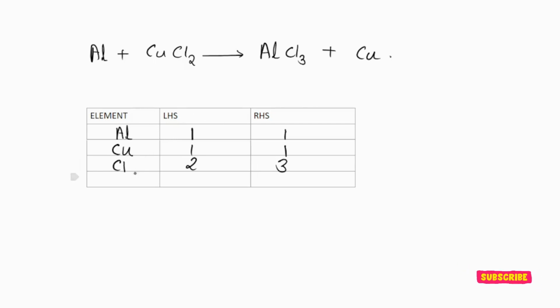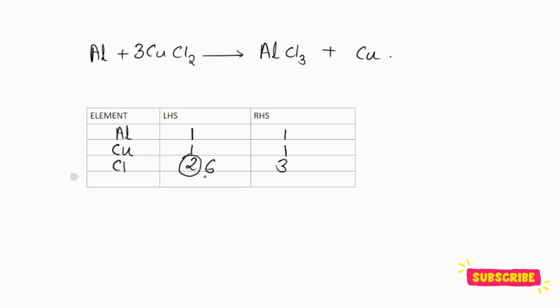So what we see here, only chlorine is unbalanced. So what I can do here, I can multiply this 2 by 3 to get 6.